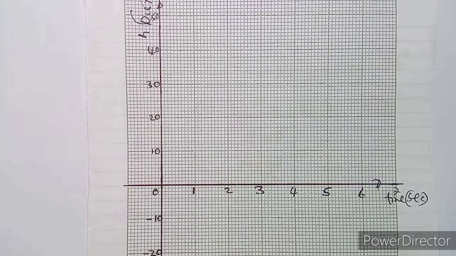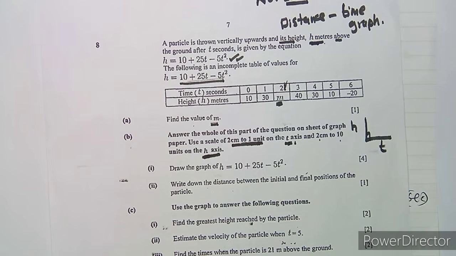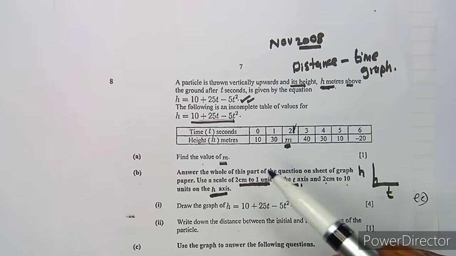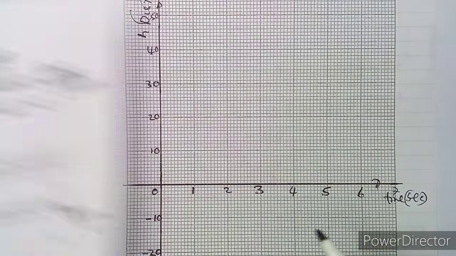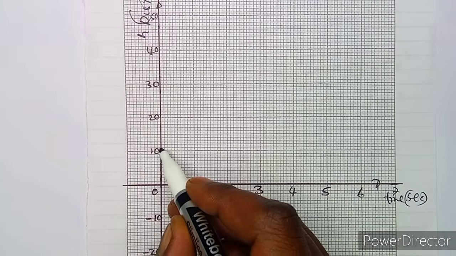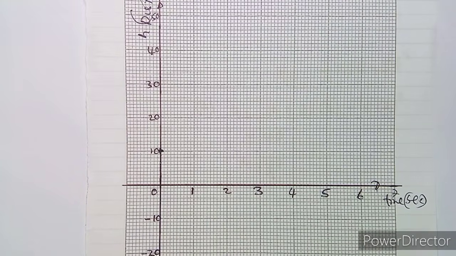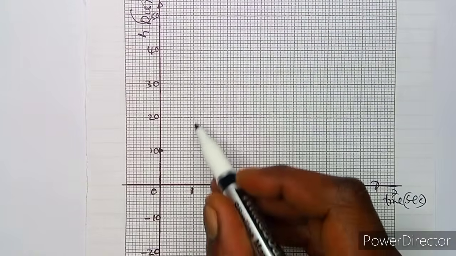Now we are just going to mark our points because all we need is to have this graph. So we are simply going to mark the points 0 versus 10. When t is 0, our h is 10. So when t is at 0 here, our h is at 10. That is this point. So you simply mark that point, 0 versus 10. All right. 1 and 30. So it's 1 versus 30.